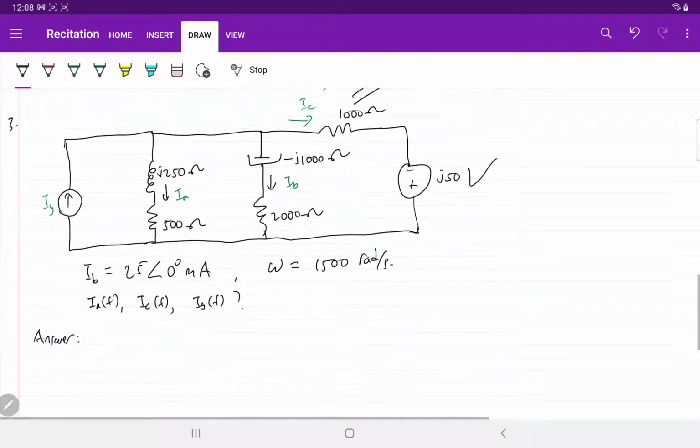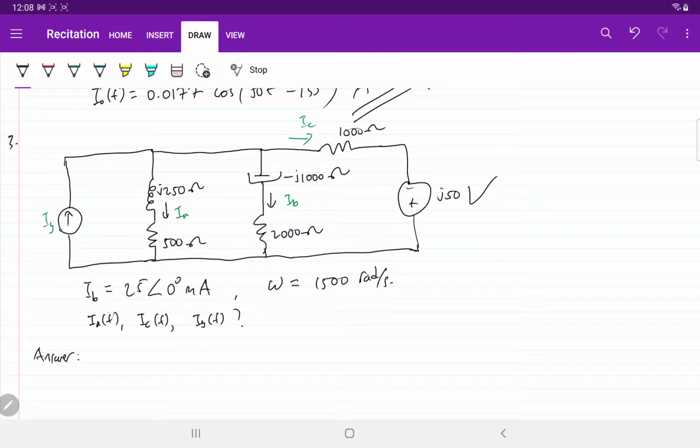Okay, so how do we solve this? First, let's see what we know. So we know that IB is 25 milliamps, and we know the impedance right over here, which is 2000 minus j1000.